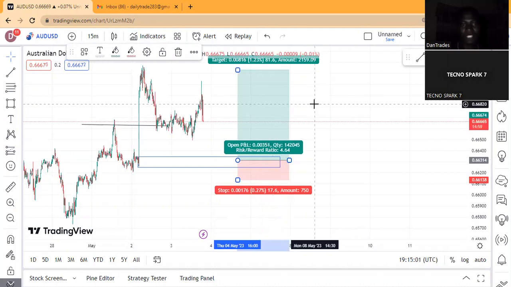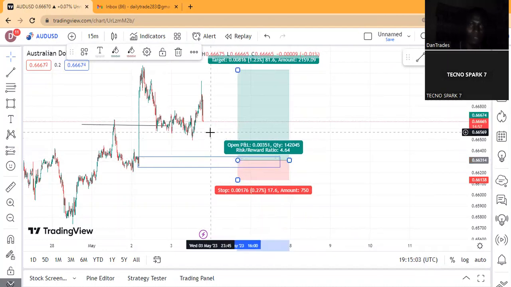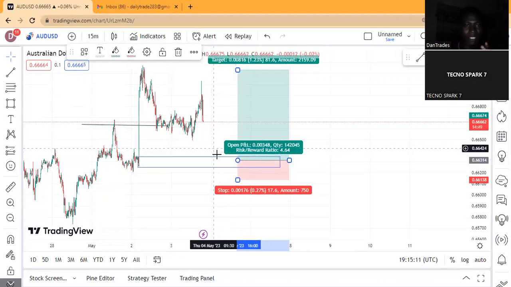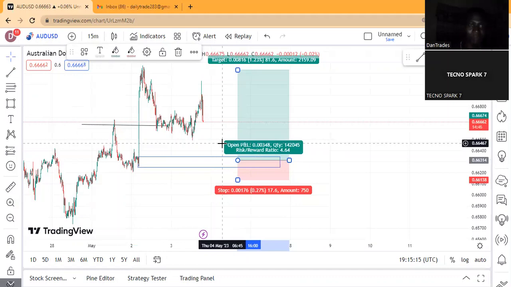So we are going to be waiting patiently for price to get to this. So once price gets here, what do we do? We patiently wait for a kind of reversal pattern that will show. If we see that price is rejecting this particular zone, then we can switch to a lower time frame, like 5 minutes, 1 minute, to be sure of exactly how the pattern is being formed.